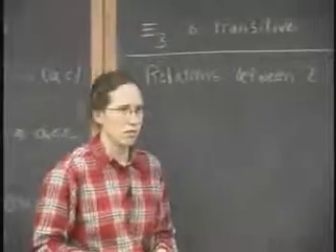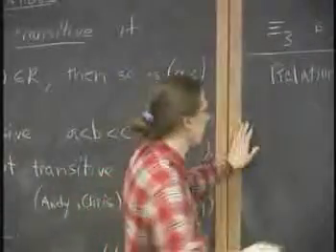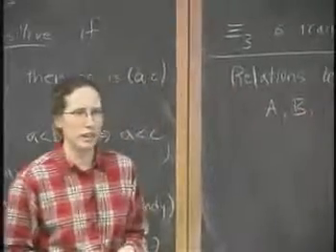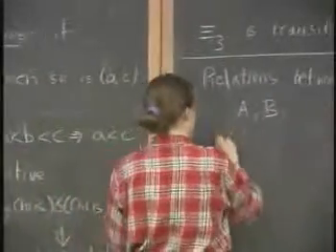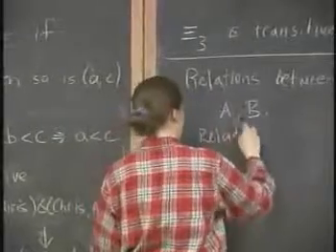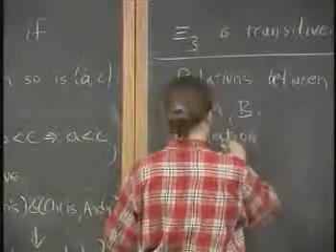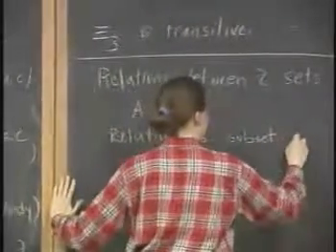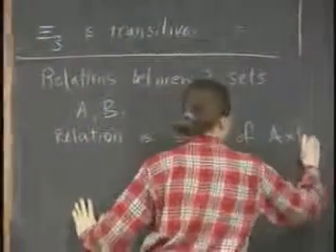If we had a set A and a set B, then a relation would be a subset of A cross B. And in this case, it's almost certainly easier to think of arrows from A to B.